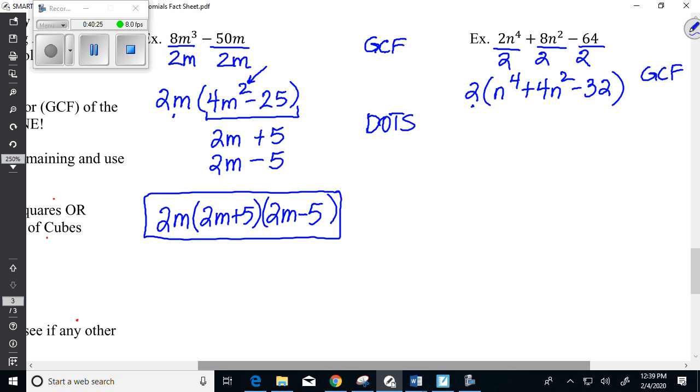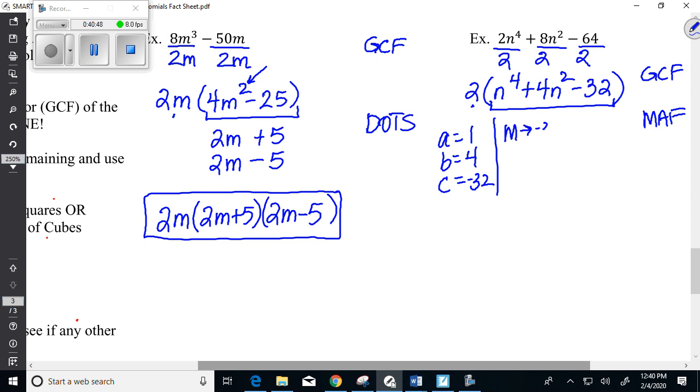We have 3 terms inside the parentheses, so this now turns into a MAF problem. So we launch into MAF. A is equal to 1, B is equal to 4, C is equal to negative 32. So when we do our MAF, we're looking for 2 numbers that multiply to negative 32 and add up to a positive 4. The only 2 numbers that are going to work are positive 8 and negative 4.